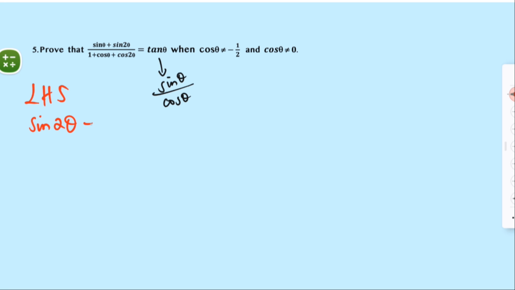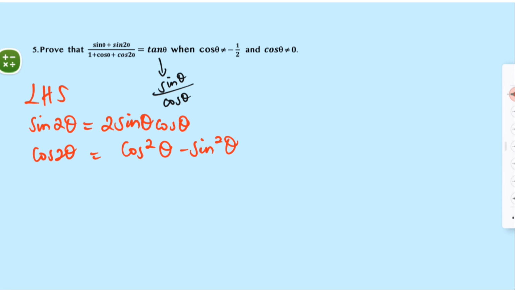Sine 2 theta, which is the same as 2 sine theta cos theta. You can check your formula booklet for these trigonometric identities. Then we also have cos 2 theta in the bottom, which would be cos square theta minus sine square theta. I'm just going to substitute these, nice and easy.